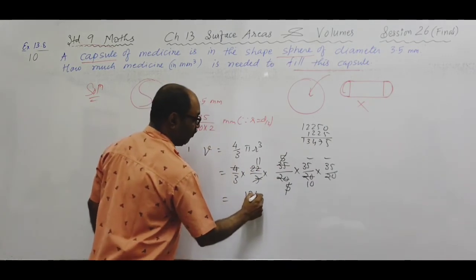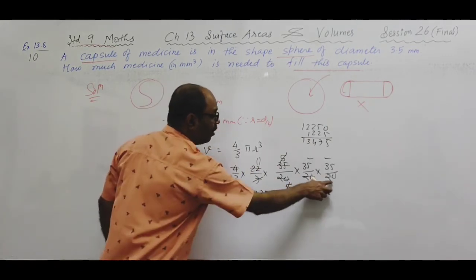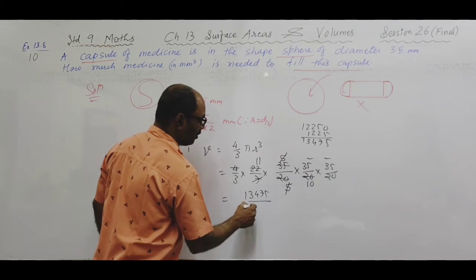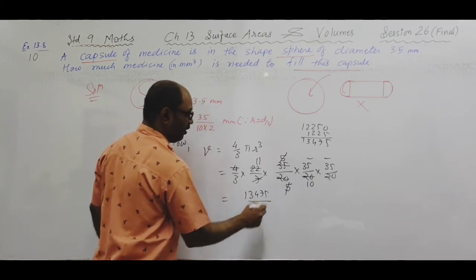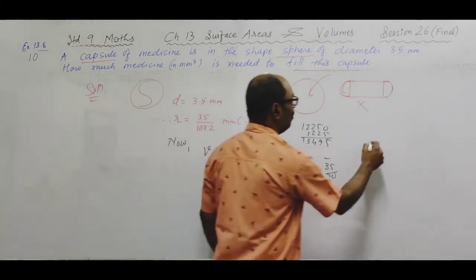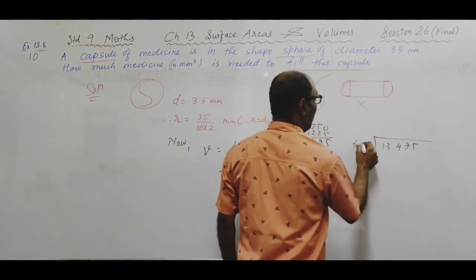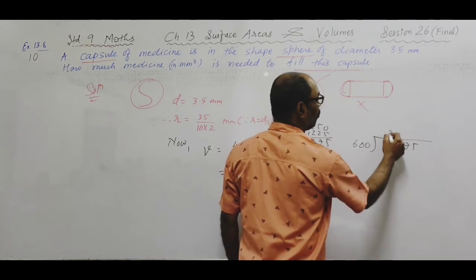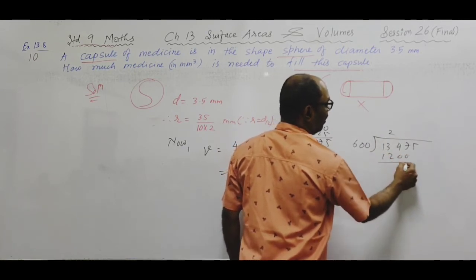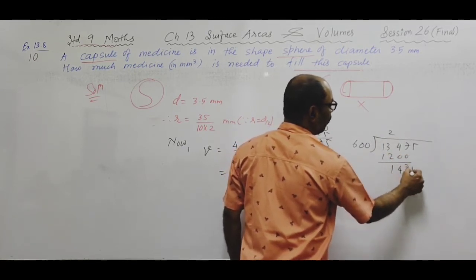So 1 3 4 7 5 divided by 20 into this 3 and 600. Should I divide now? Yes. 1 3 4 7 5 divided by 600. Bolo 2s are 1200. 7 4 or 1. Bring down this.